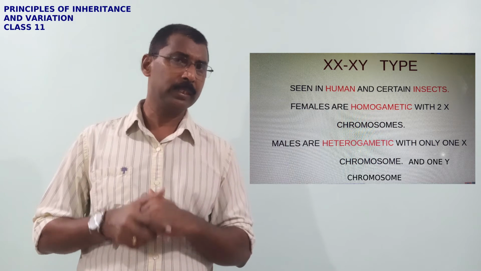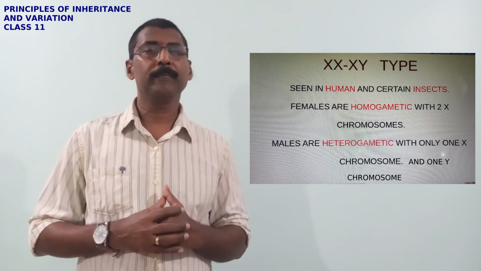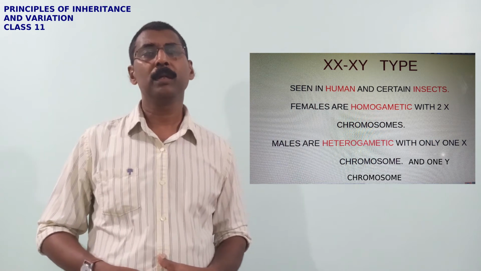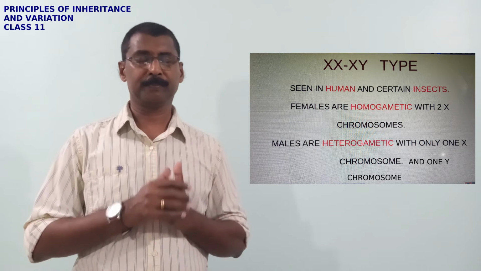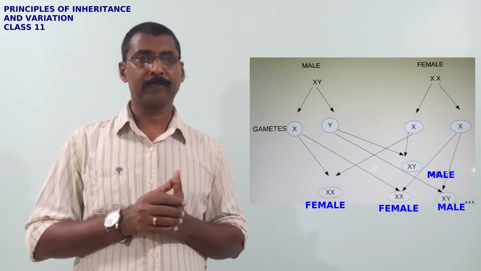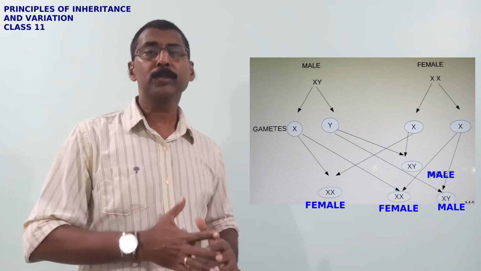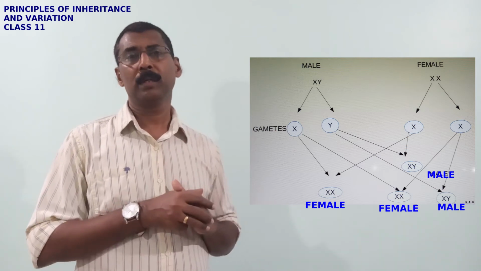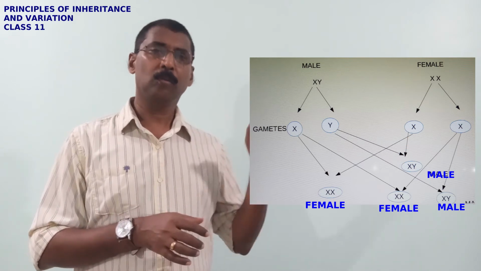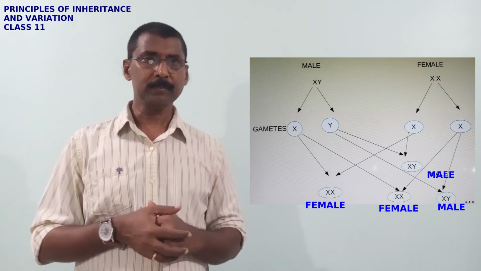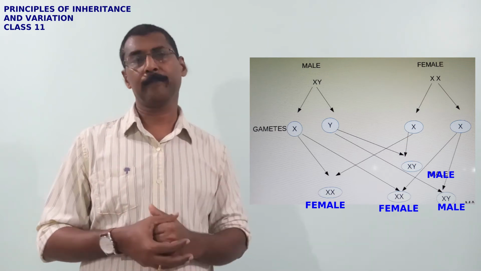So as in the case of insects, here also, as females are homogametic, females produce all the eggs or the ova with X chromosome. And males are heterogametic, they produce two types of sperms, 50% with X chromosome and 50% with the Y chromosome. In the case of human being and certain insects like Drosophila.